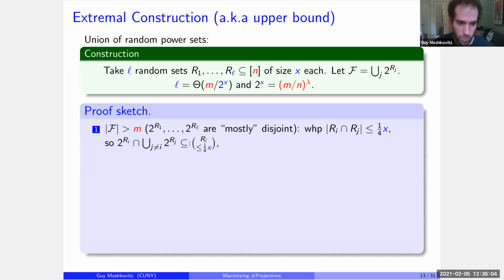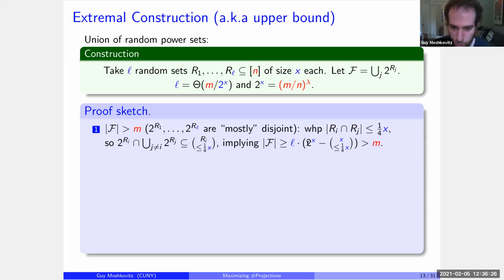Okay, so in short, what I claim here is that each power set contributes a lot of unique sets, in the sense that the sets that are not unique to this power set are a negligible part of the power set.